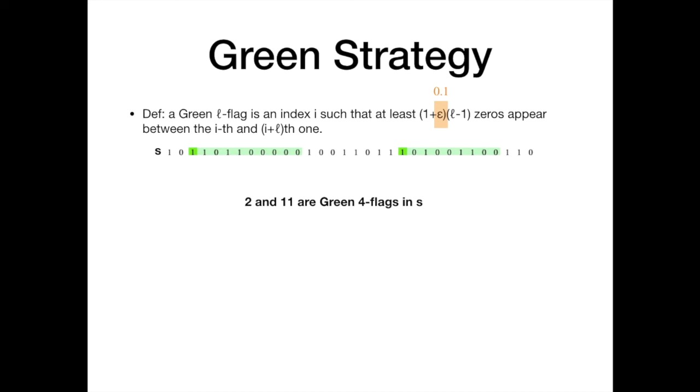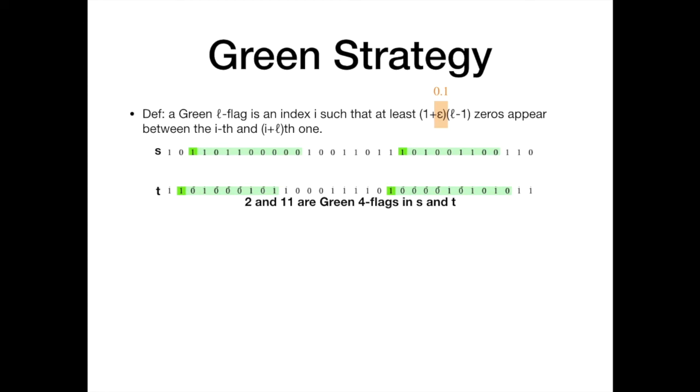Similarly, between the 11th one and the 11 plus 4, or 15th, one in S, there are more zeros than ones, so 11 is a green 4 flag. Okay, so that's what it means to be a flag, and here's another string T, and you can check that in the string T, 2 is also a green 4 flag, and 11 is also a green 4 flag in T.